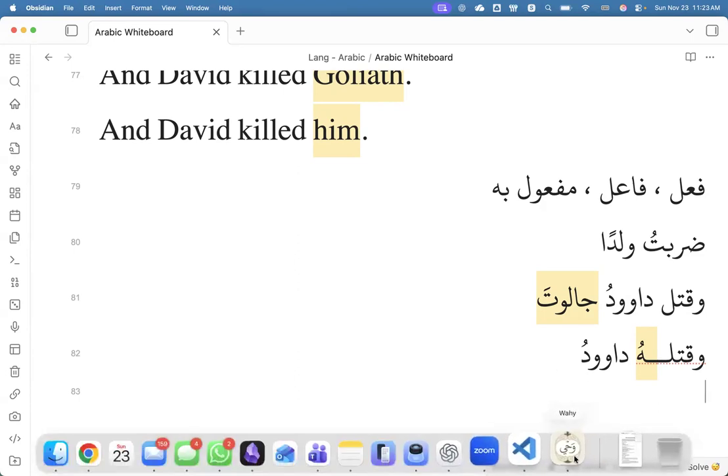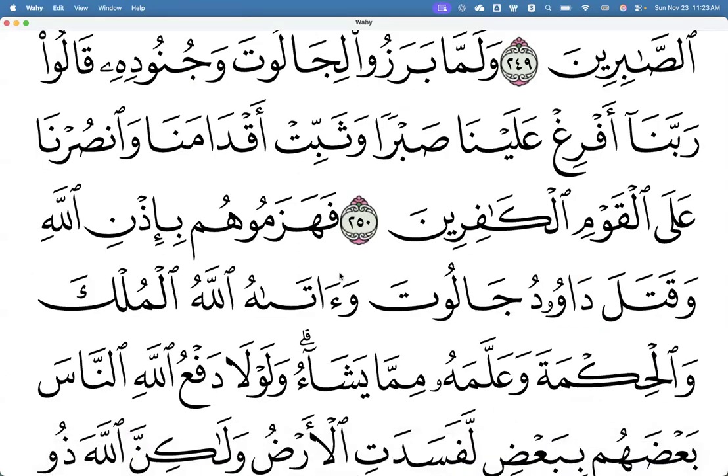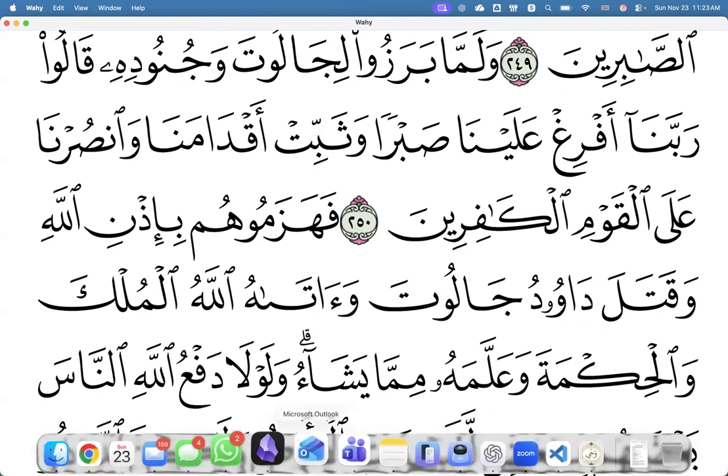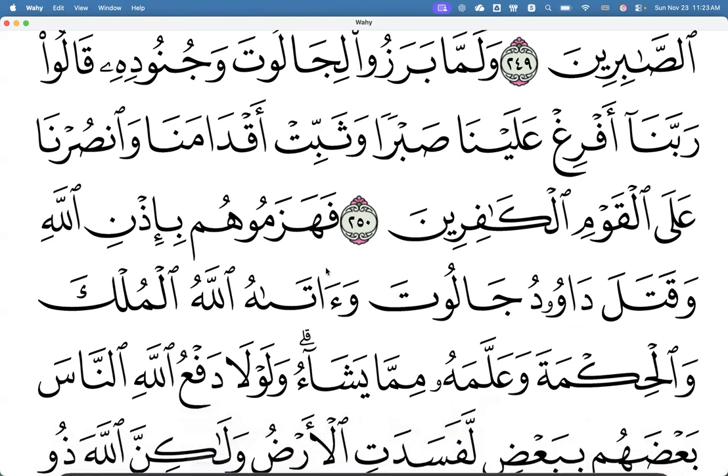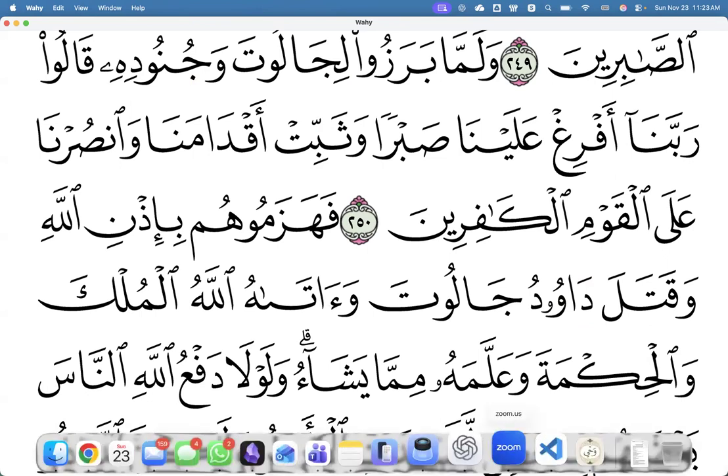Now look at the next part of that ayah. وَآتَاهُ اللَّهُ. We just learnt this. There's a verb, ata. Ata means he gave. So وَآتَاهُ, he gave him, right?